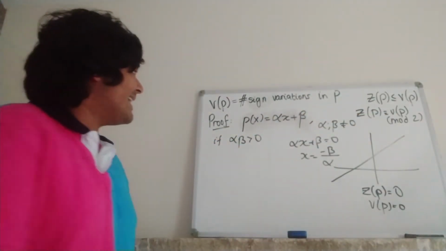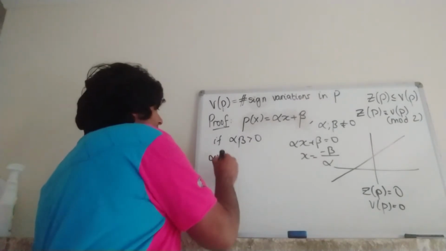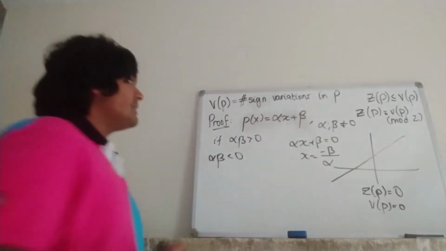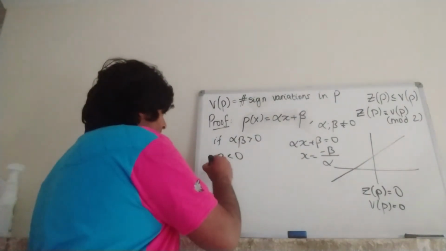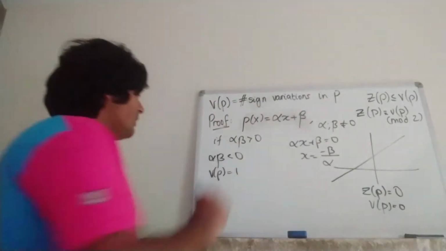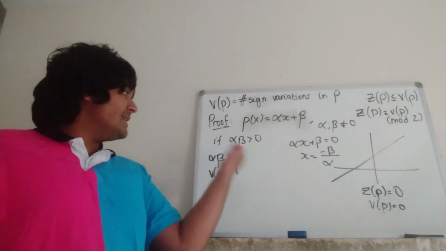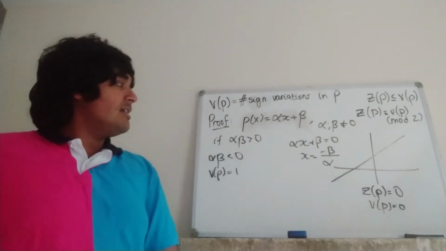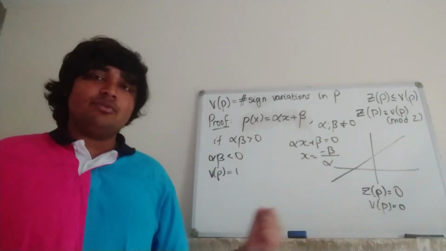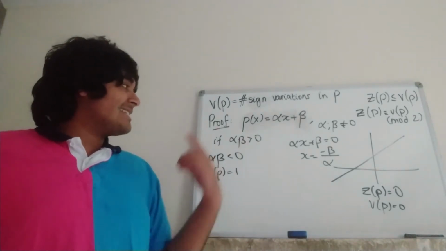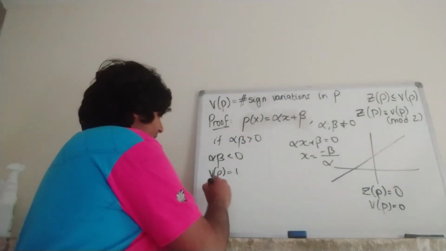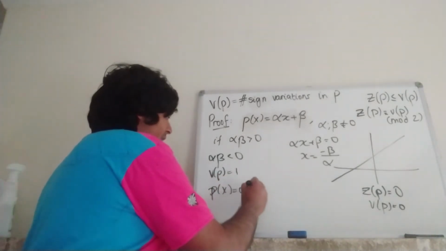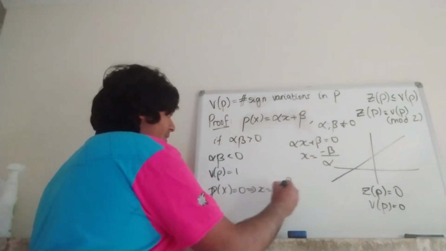Now let's look at the second case, where alpha and beta have different signs, like so. Then very clearly V of P is going to be equal to 1. Because alpha beta is negative, if we look for the roots of P of X, P of X equals 0 implies that X equals minus beta over alpha.